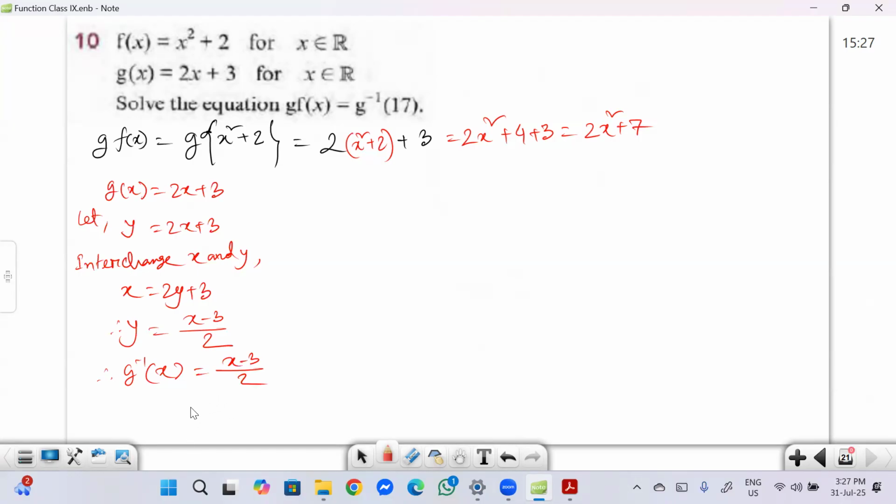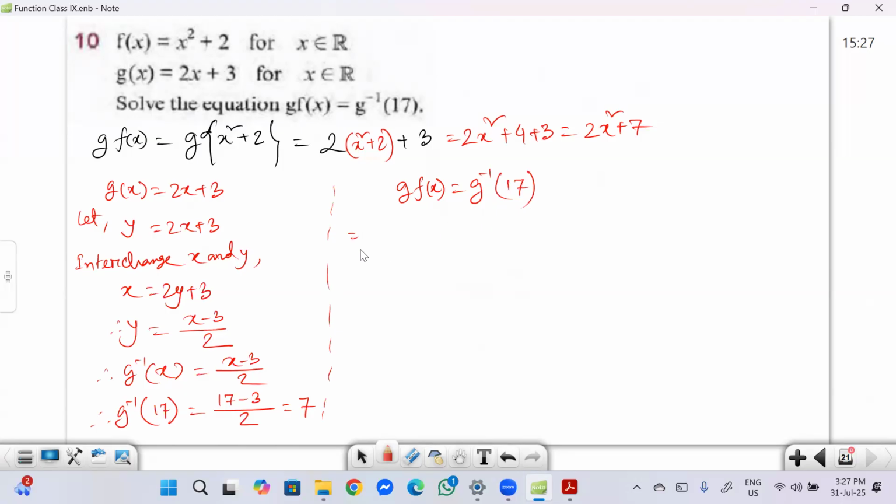Do you understand? Okay. Now, as the equation suggests, we need to find g inverse 17. So g inverse 17 is 17 minus 3 by 2, which is 14 by 2, which is 7. So as the equation suggests, g of f of x must be equal to g inverse 17.